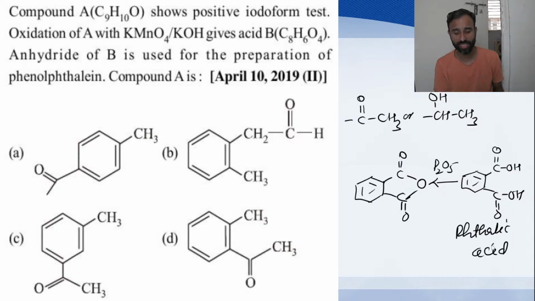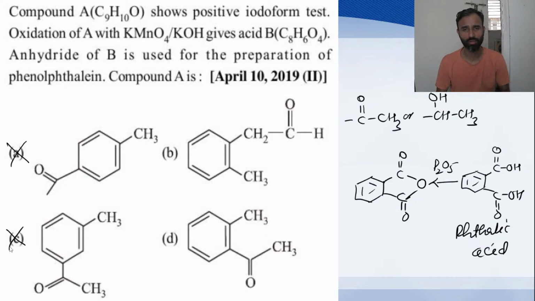So phthalic acid is formed by, see, these two options are removed, because in these cases the groups are at para and meta. Now we have two options, E and D.